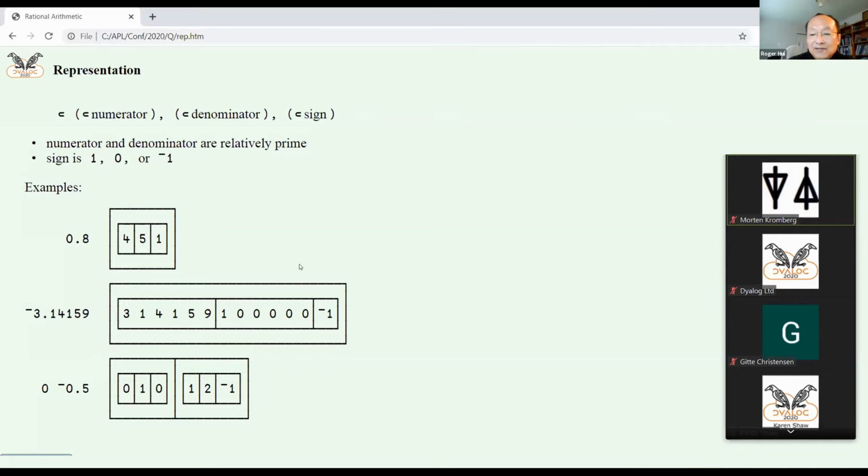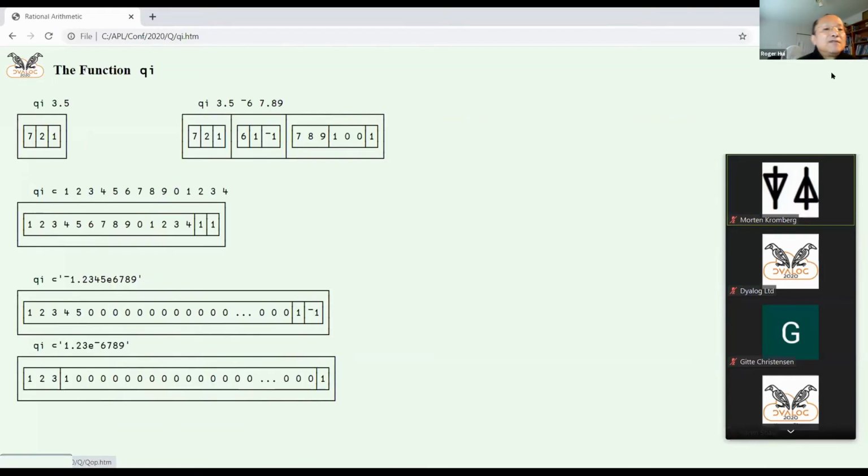Of course, it's kind of onerous if you have to enter rational numbers this way with all the enclosures and concatenations and so forth. So part of the rational arithmetic facility is a function qi, which converts an ordinary array of numbers into a rational array.